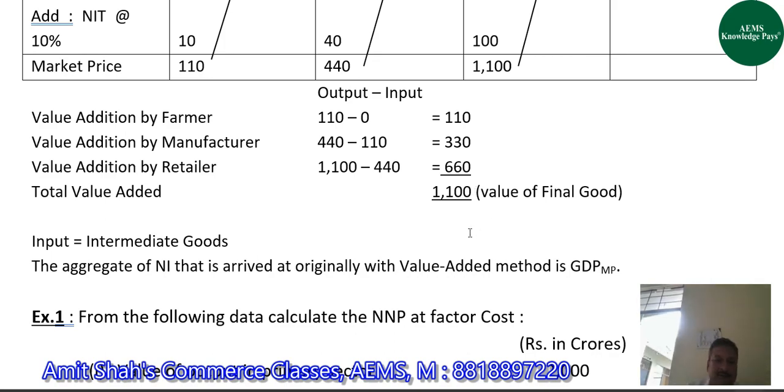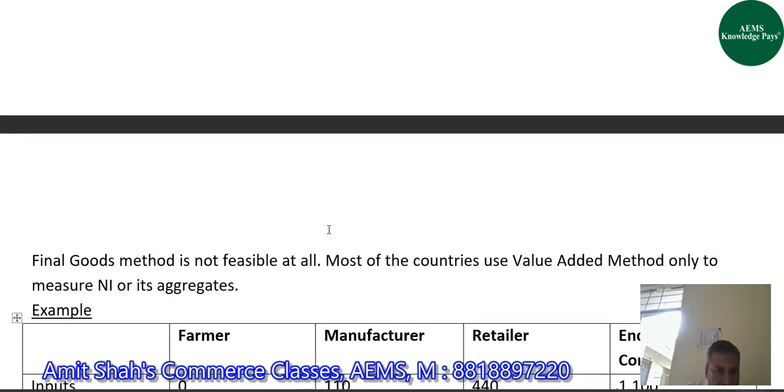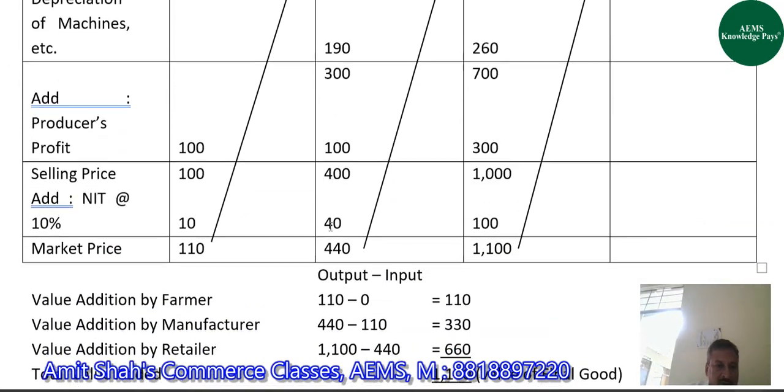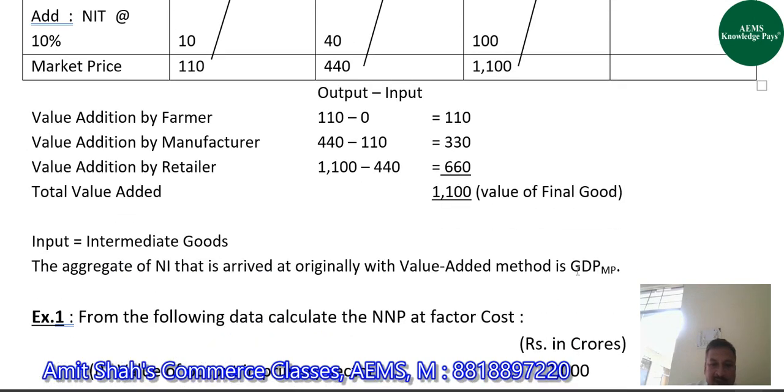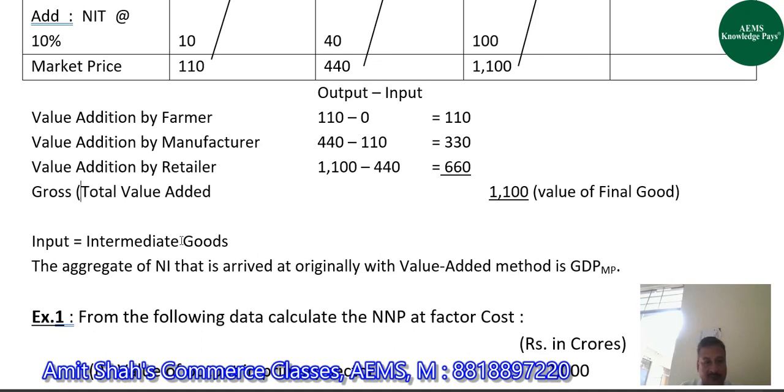Okay, guys. So in our previous class, I explained to you in detail how we calculate GDP at MP from the value added method, right? The value added here, 1100 rupees, is also known as gross value added.